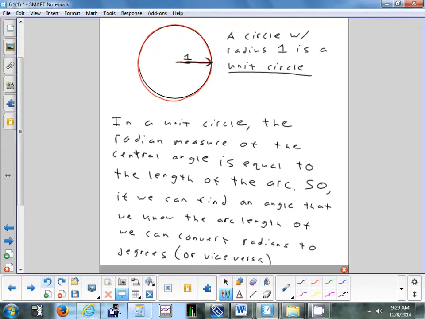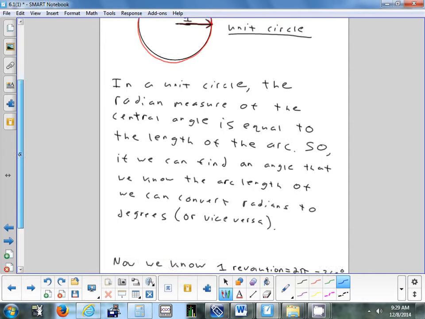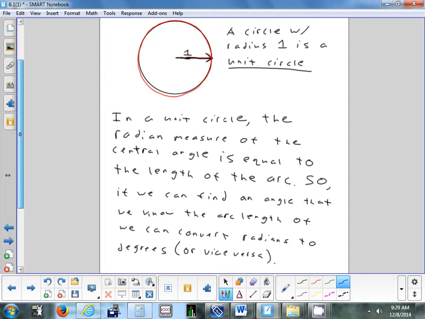Okay, so as long as we know how to find the circumference of that circle, whatever that comes out to, that's the measure of the angle we just drew in radians. Okay, so we've got one revolution, which is the same as 360. Now we need the formula for the circumference of a circle, so we can find the length of that arc.